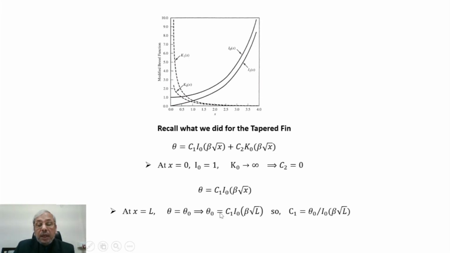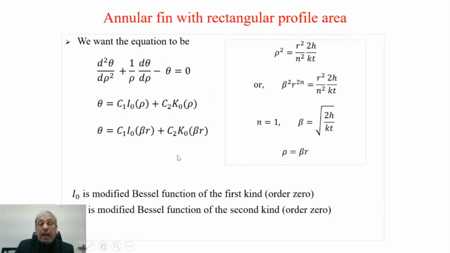So theta naught equal to C1 I naught beta root L, from where C1 is found out. Then the whole solution we found out. But here we have a little difficulty, because r is not reaching r equal to 0. We are starting at r equal to r1.